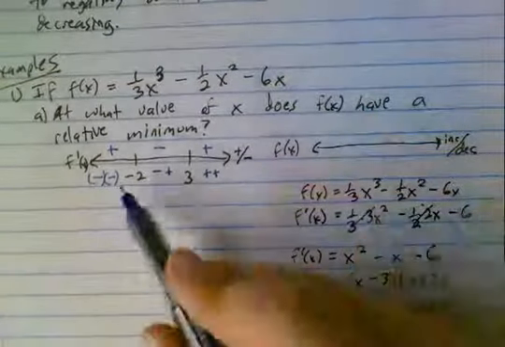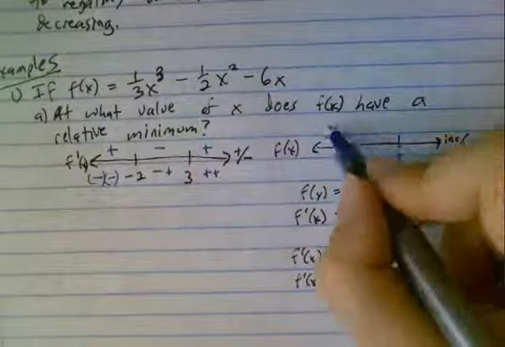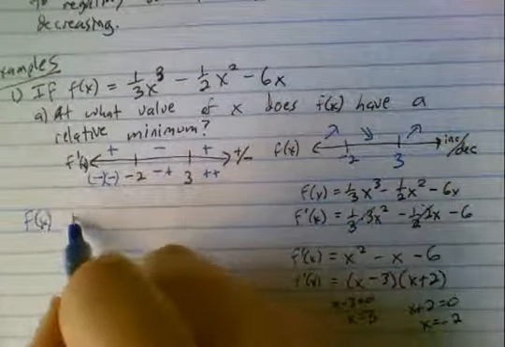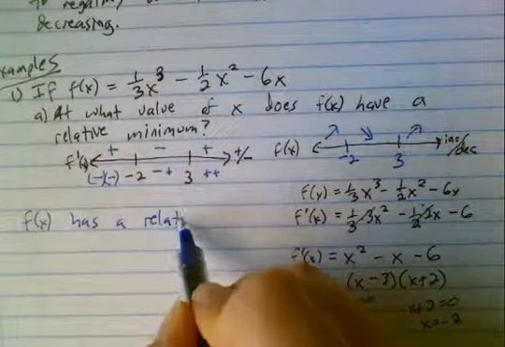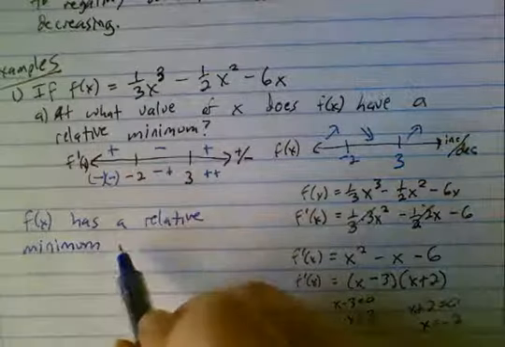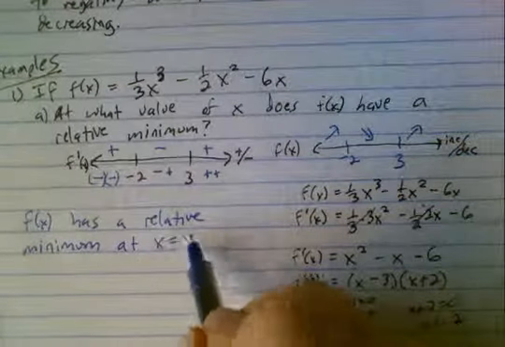So now I'm going to translate this, just like we've done before. f of x has a relative minimum at x equals 3.